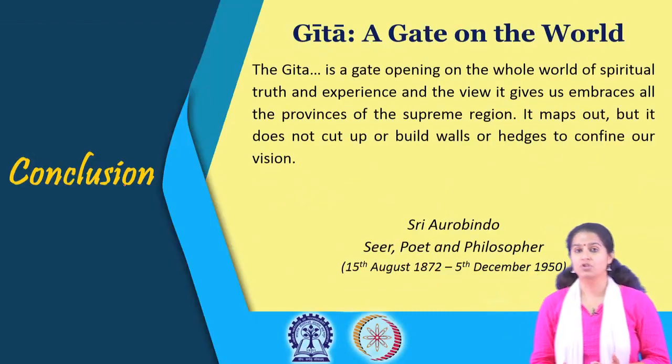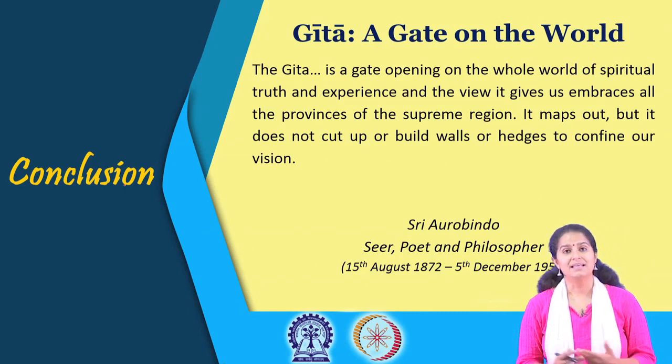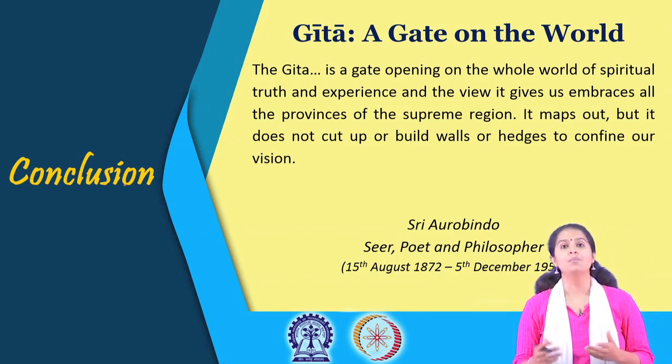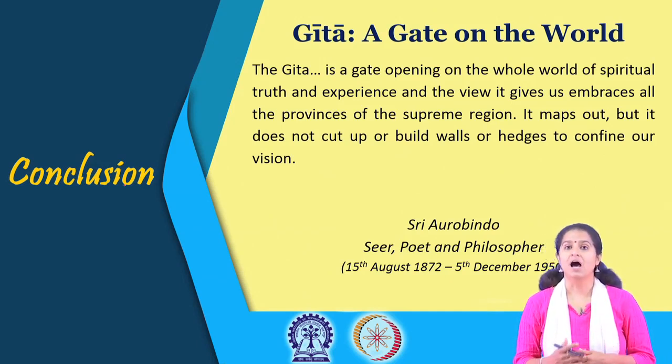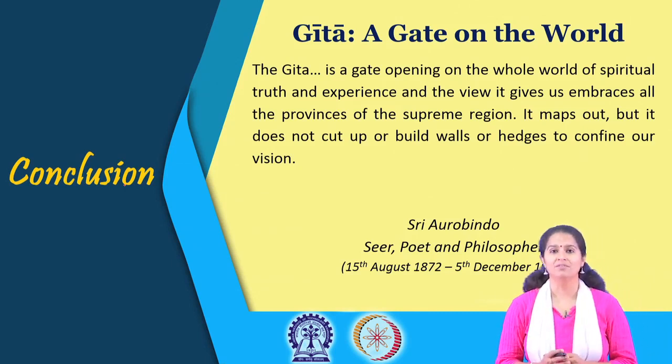So let us look at what Sri Aurobindo, the seer, poet and philosopher, has to say here. He says that the Gita is a gate opening on the whole world of spiritual truth and experience, and the view it gives us embraces all the provinces of the supreme region. It maps out, but it does not cut up or build walls or hedges to confine our vision.